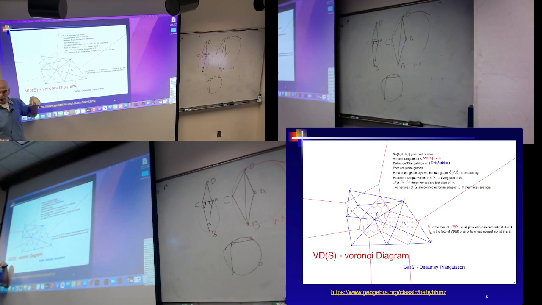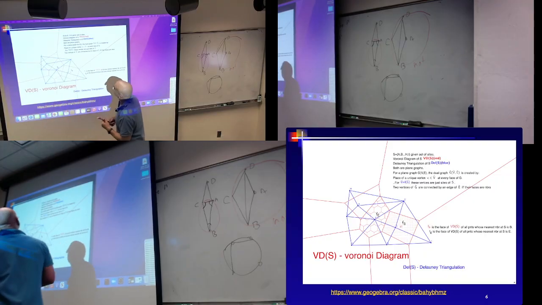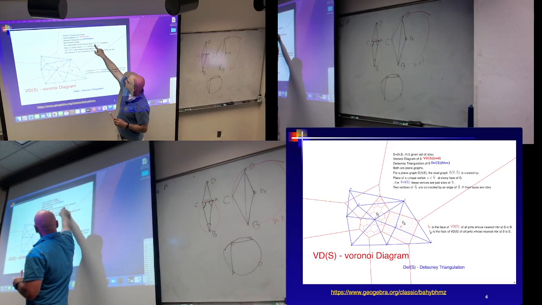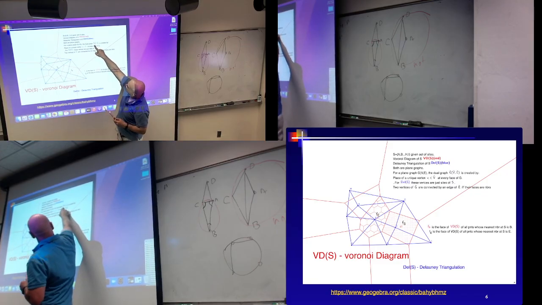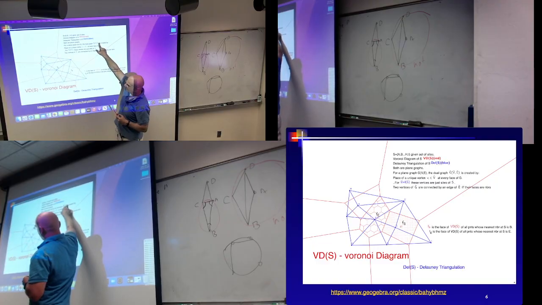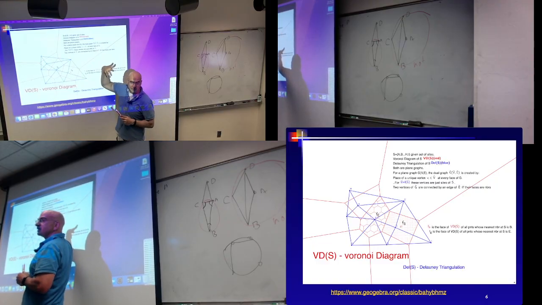When I have one graph, I can describe the dual of this graph. The dual of a graph G, denoted by G hat, or V hat and E hat. What do I do to create a dual?